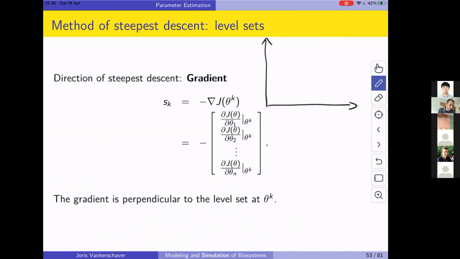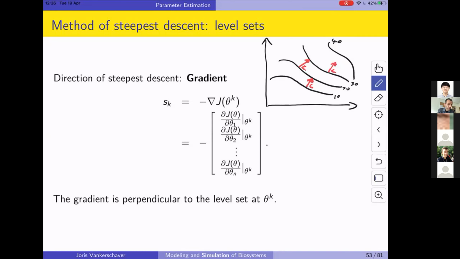If I have two parameters, x and y, and I look at the level sets of my objective function, my level sets might look like this. This might be the level set associated with value 10, 20, 30, and then 40 here. Mathematically, I know that my gradient is going to point in the direction in which the cost function increases the most, and it's going to be at right angles to these level sets.